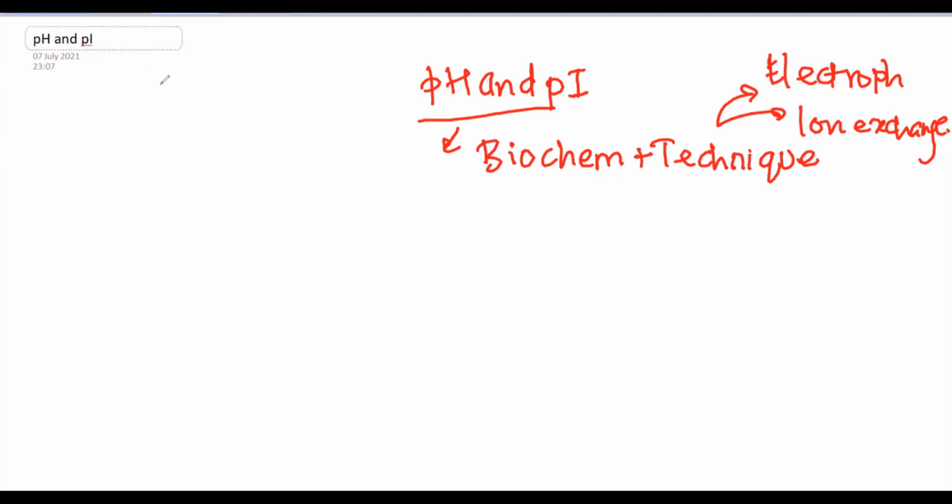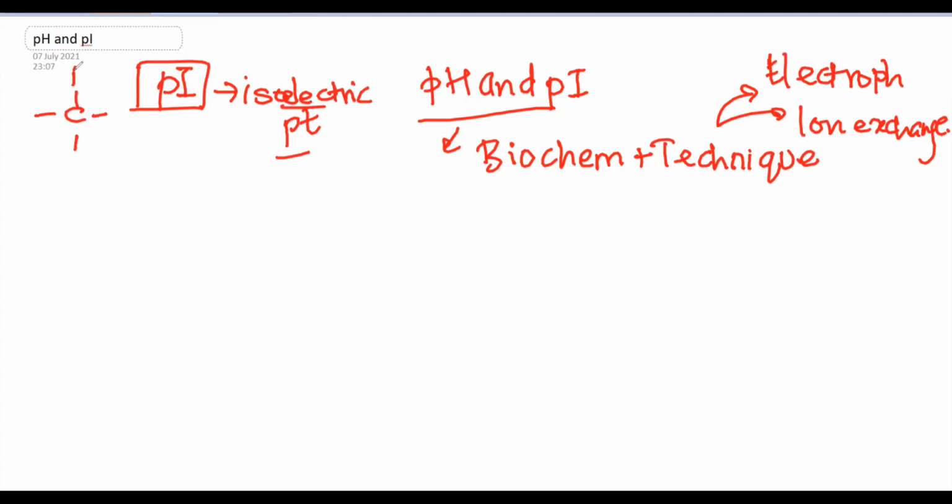Before starting, we need some background information, and that involves the first concept, PI. PI, we all know, is the isoelectric point. What is the isoelectric point? To understand that, you need to know that the basic structure of an amino acid consists of an amino group and a carboxy group. Now, this can have three different structures.